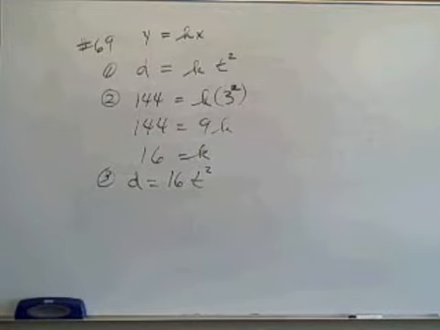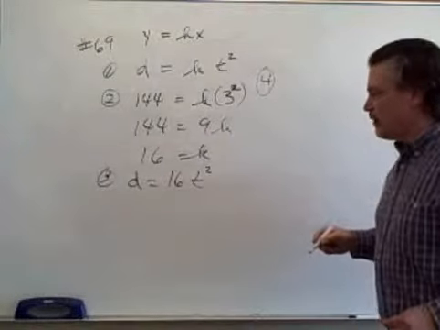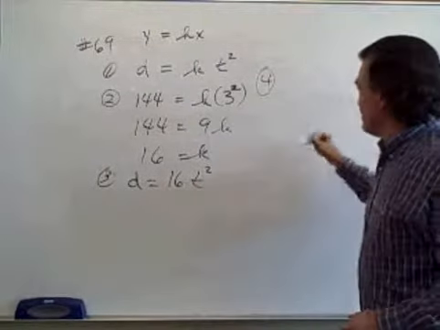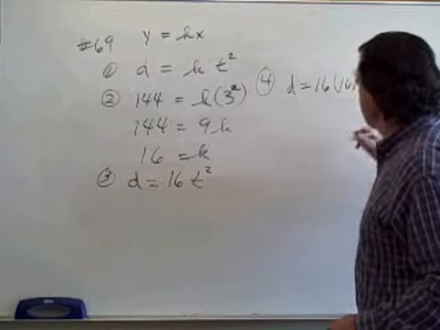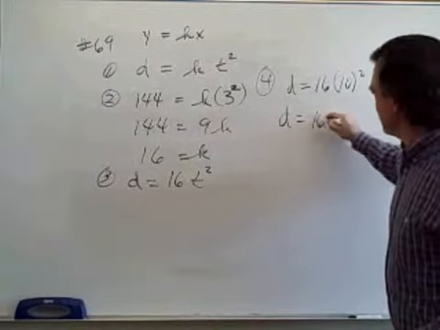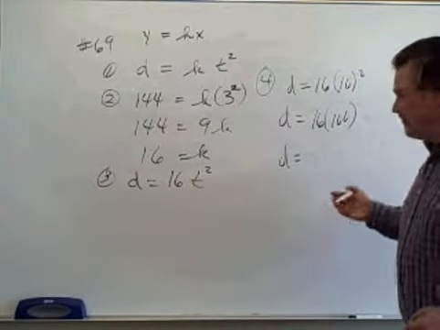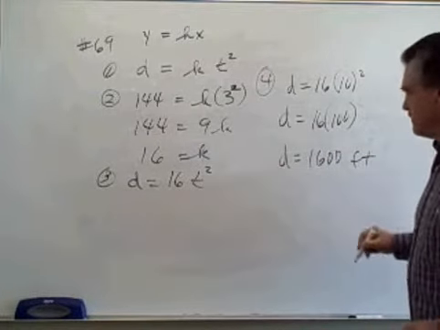So now we can go to step 4, where we answer the specific question. How far will a skydiver fall in 10 seconds? So we're going to put 10 in for t. 10 squared is 100. So the distance that a skydiver would fall in 10 seconds is 1,600 feet.